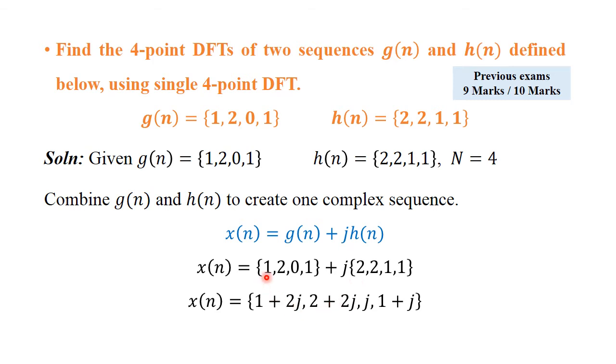That means 1 plus 2j is the first term, 2 plus 2j is the second term, and similarly we obtain the remaining two terms, and we call that x of n.